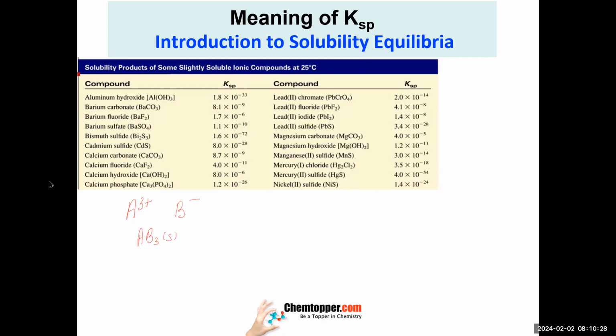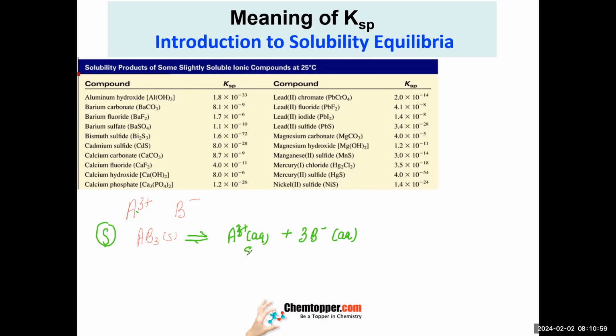Okay, now you're going to give me the Ksp expression in terms of molar solubility. Let's say the molar solubility of this compound is S. Now it's going to dissociate as A3+ aqueous, because the charge is 3 plus, and 3B- aqueous. We are not making the complete ICE table. Generally, in these questions we write the final equilibrium: how much A3+?